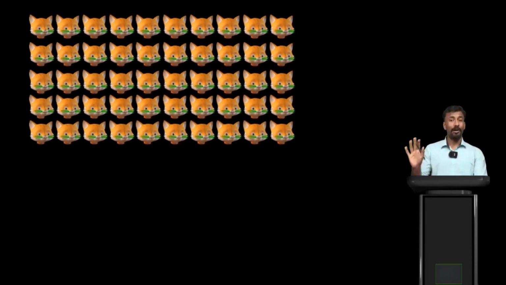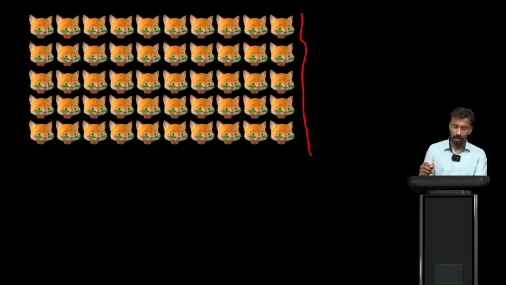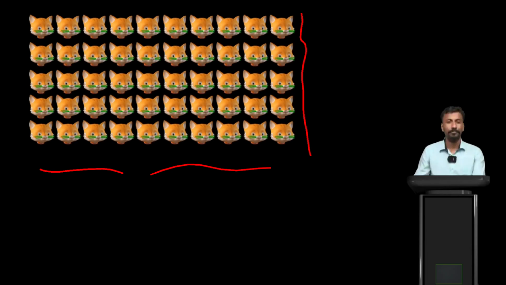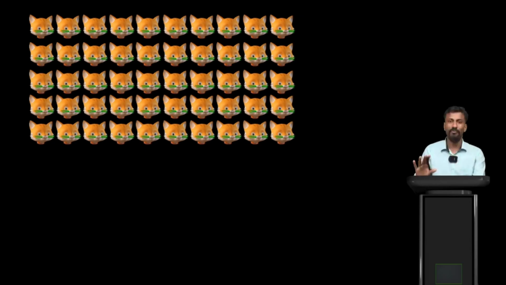Now, if I ask how many whiskers that number of cats has, my first question is how many cats are there in the given slide? How can we calculate first? Look, that's our row and that's our column.